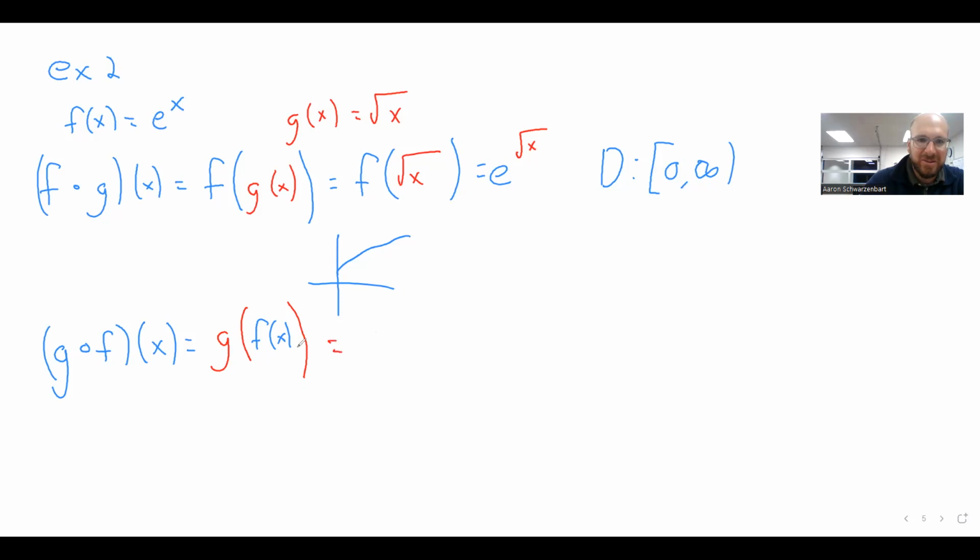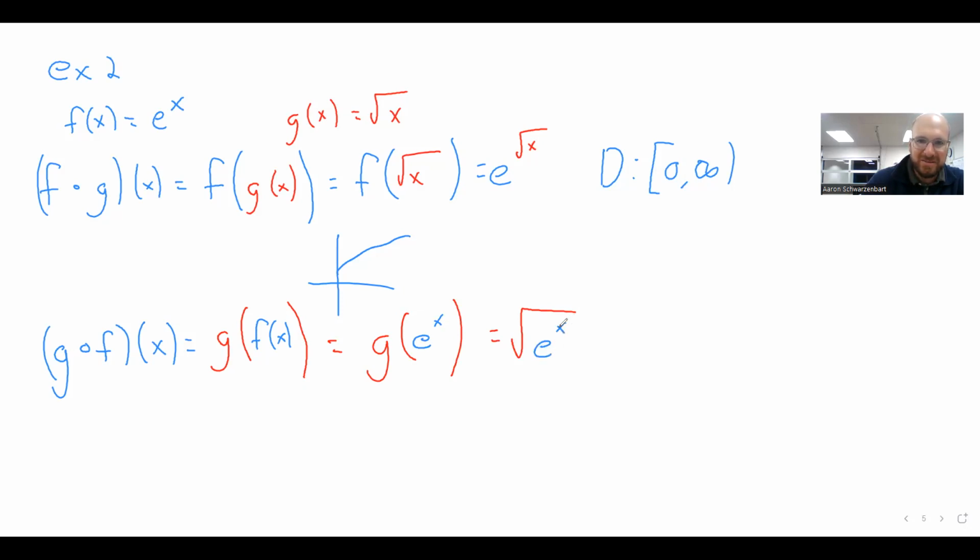So g of f of x here is e to the x. So that means e to the x is going into my x in square root of x, which is going to be square root of e to the x.